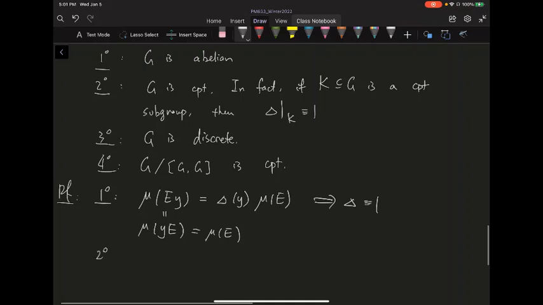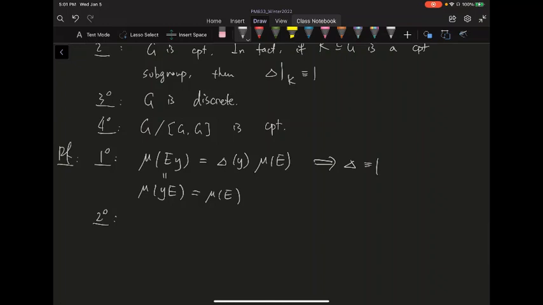Second, let's show that if G is compact, then it's unimodular. In fact, there's a stronger result: if I have a compact subgroup K, then my modular function restricted to this compact subgroup has to be equal to 1 as well. So let's just prove that instead.